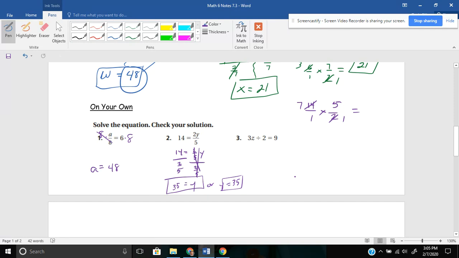And then lastly, for number 3, it says 3z divided by 2 equals 9. In this problem, you might see that there's a couple different things happening to my variable here.